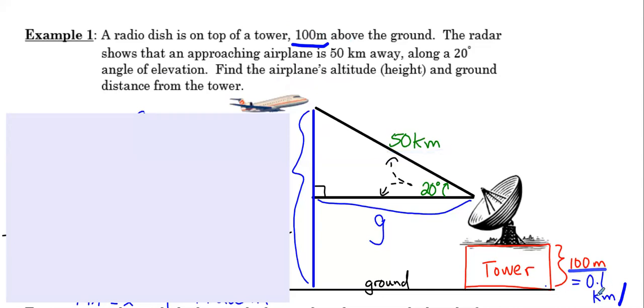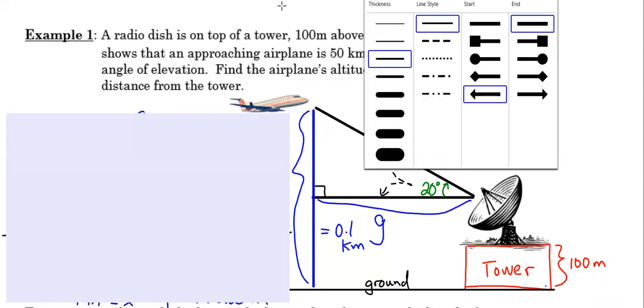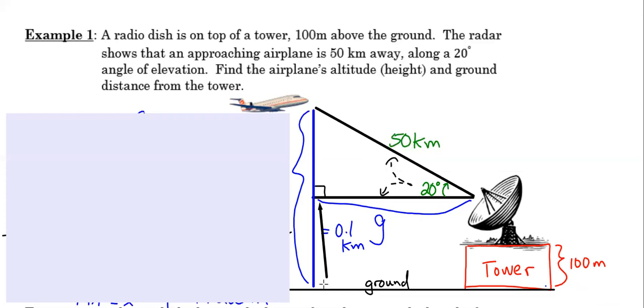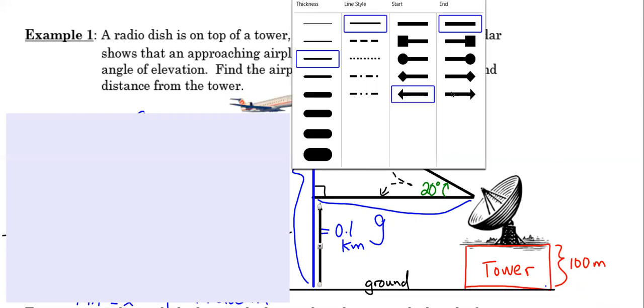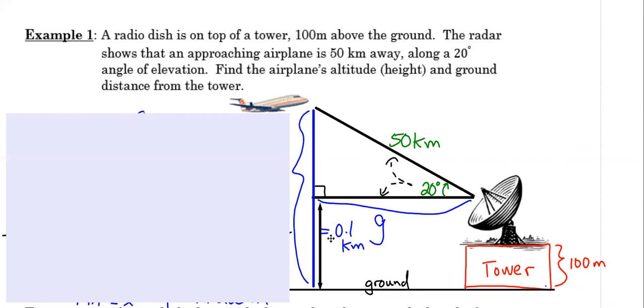In this case, I've decided to change the 100 meters to kilometers. Now what that's going to do for us is allow me to say, well, this little measurement here, I'll just draw a little arrow to indicate that. So from here to here is supposed to be 0.1 kilometers.